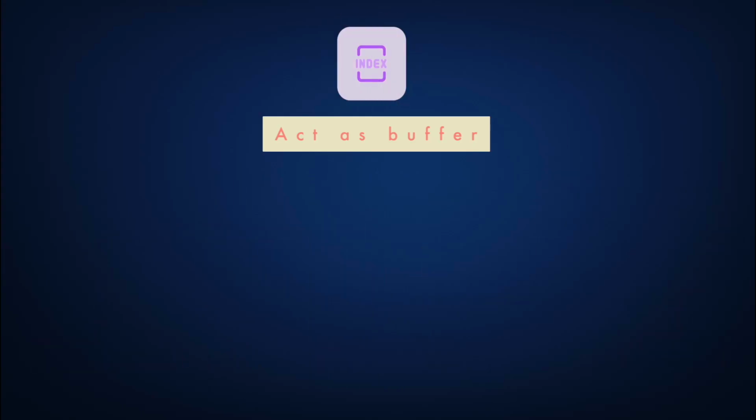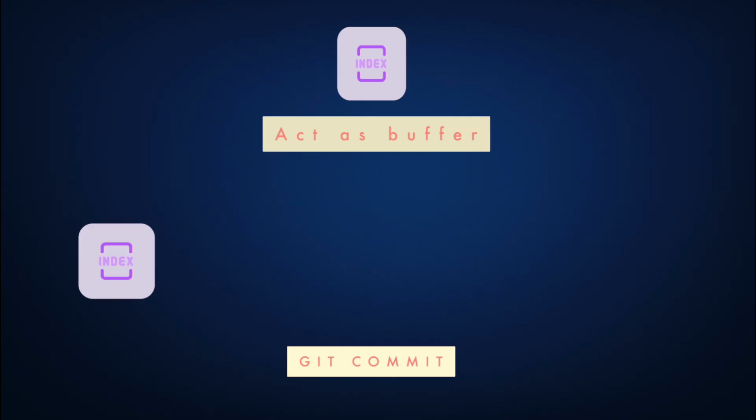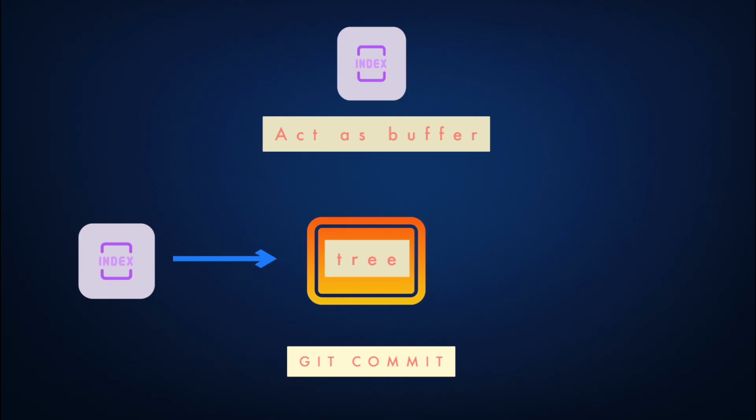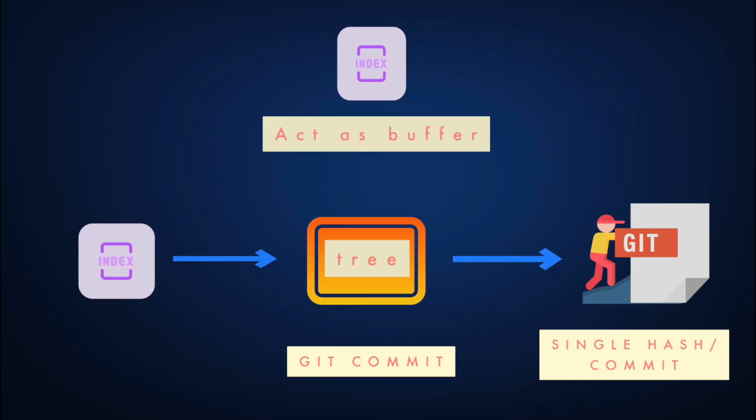Now whenever you run the command git commit, this index file, where all the hashes are present, is used to create a tree data structure. When that tree gets created, we create a single hash with the help of that tree, and then we get a single hash of a specific version, or you can say a single commit ID of the specific version.